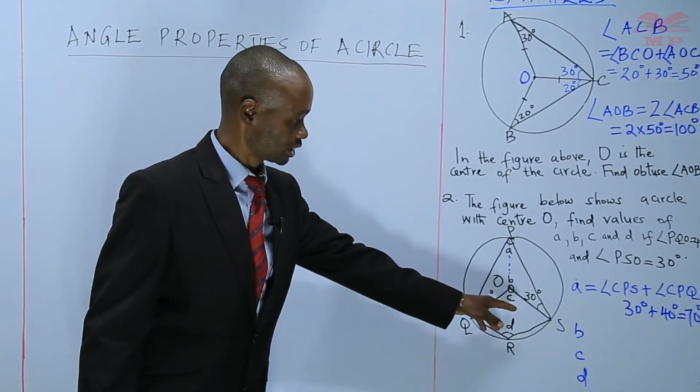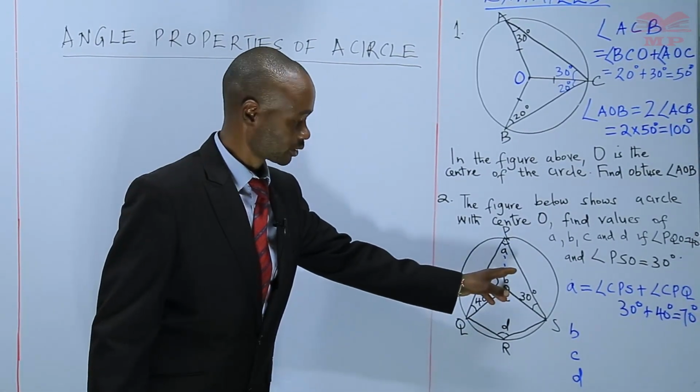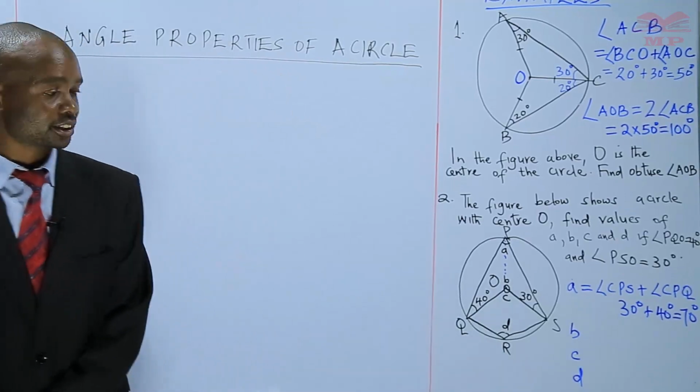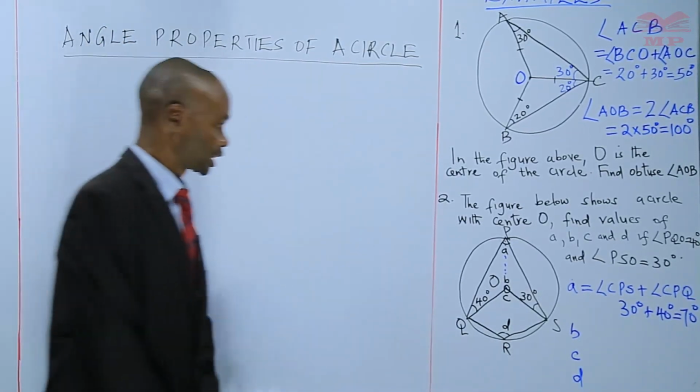When we get C, it is easy to get B, because the two angles add up to 360 degrees. So we go to C.